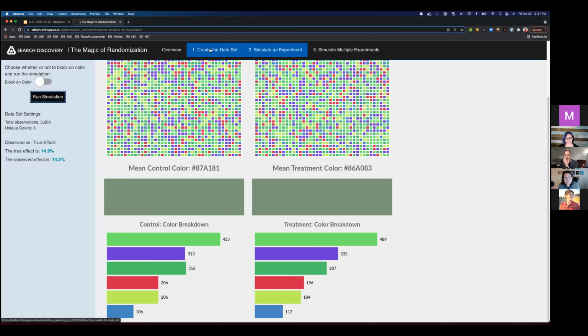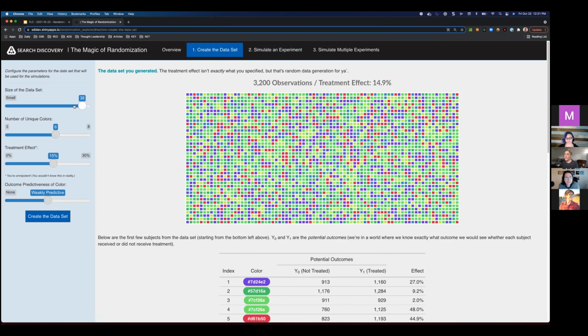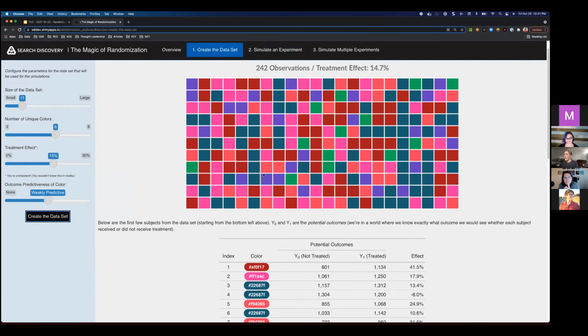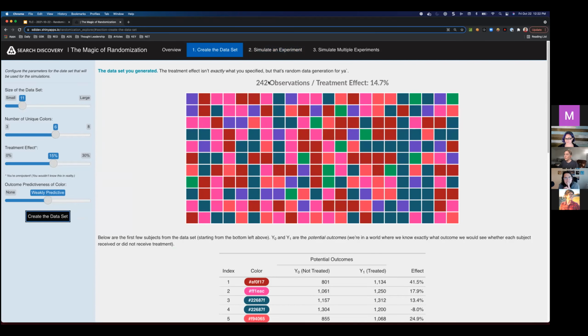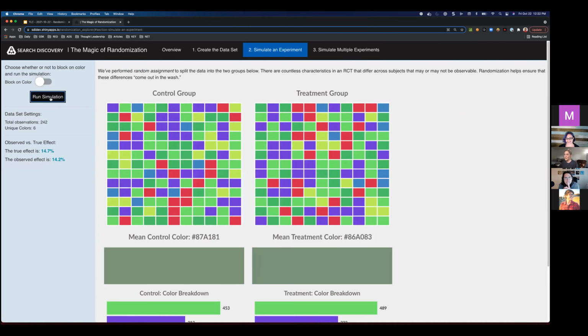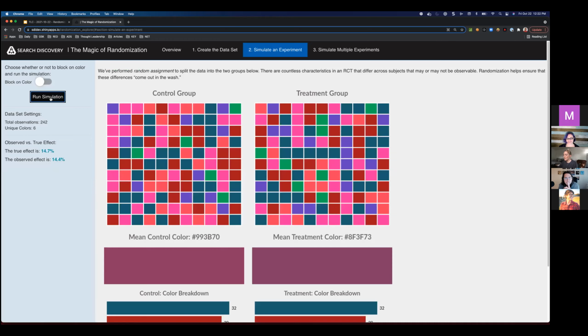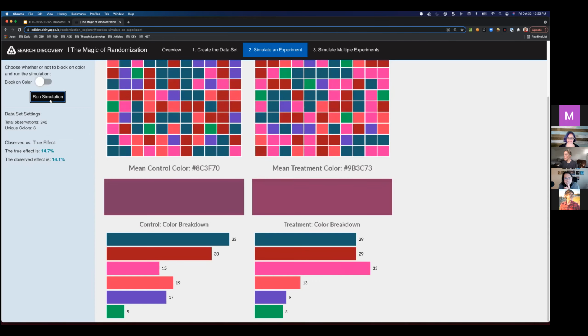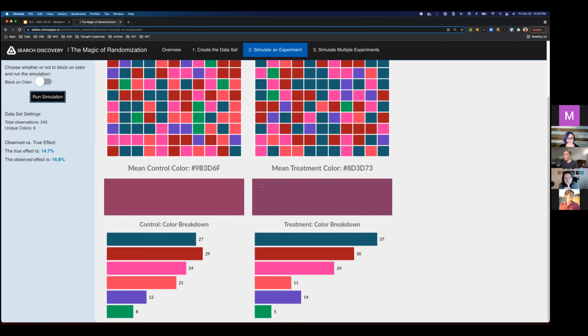Now, what's interesting is if we go back to our data set, and let's take this down to a much smaller size and create a new data set. Now what we'll see, and we only have 242 observations now, so much smaller. If we were to run a simulation here, eventually we may run into where these are slightly different. We can't really see it right now.